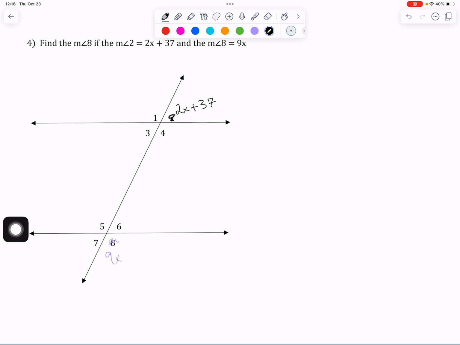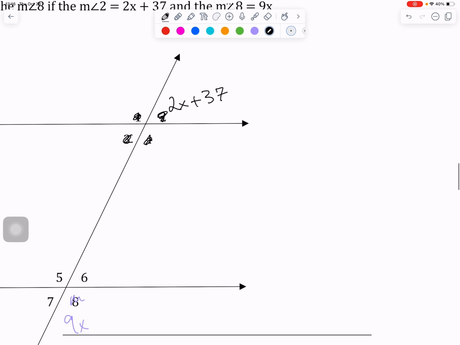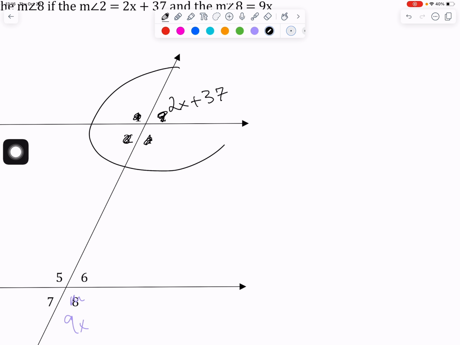Now, here's what I like to do. I like to do my little trick. I'm going to get rid of all those. At our intersection that we hit, it's like a four-way stop sign when we drive. I want you to draw a giant circle. If I start in the top left corner and put a 1, I'm going to put a 2, a 3, and a 4. I start with my 1. I go clockwise, 2, 3, 4.